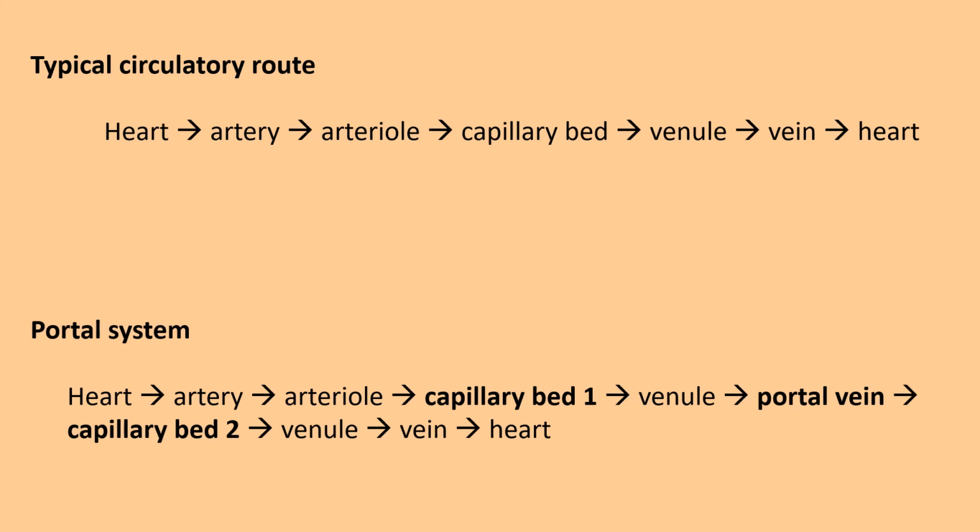In this case, we're talking about the capillary beds in the GI tract. And then through a portal vein, in this case, it's the hepatic portal vein. And then through capillary bed number 2. In that case, those are the capillary beds that occur in the liver. They're called liver sinusoids. And then from capillary bed number 2, we follow the venous route back to the heart. That's a portal system.